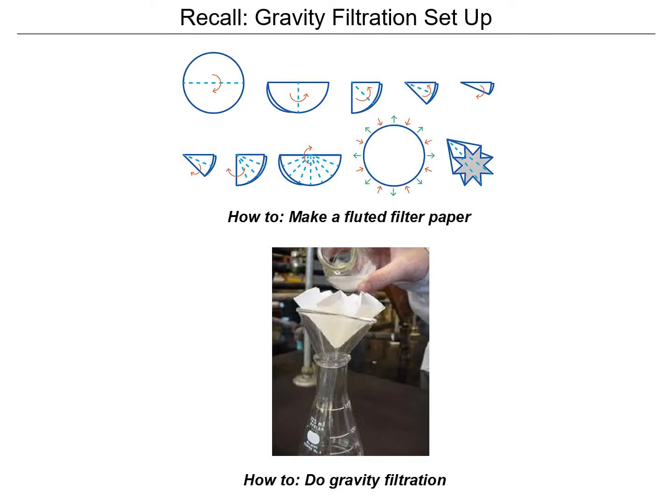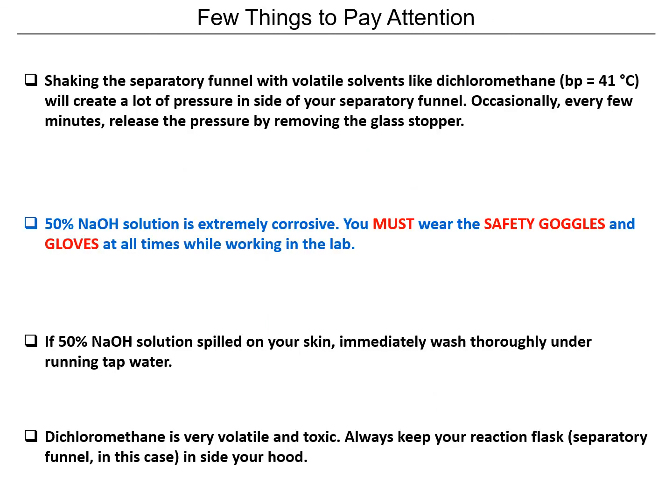Here we will just recall very rapidly how to do the gravity filtration setup using the filter paper and what we're expecting to do. There are a few things we need to pay attention to. Shaking the separatory funnel with volatile solvents like DCM will create a lot of pressure inside of your separatory funnel. So occasionally, every few minutes, release the pressure by removing the glass stopper to avoid any spill. 50% NaOH solution is extremely corrosive, so you must wear safety goggles and gloves at all times while working in the lab.